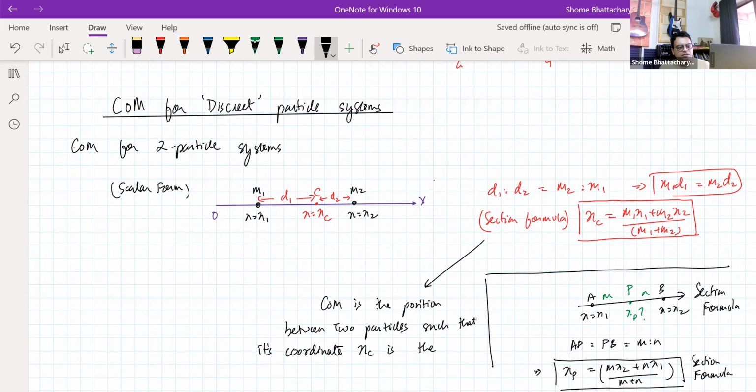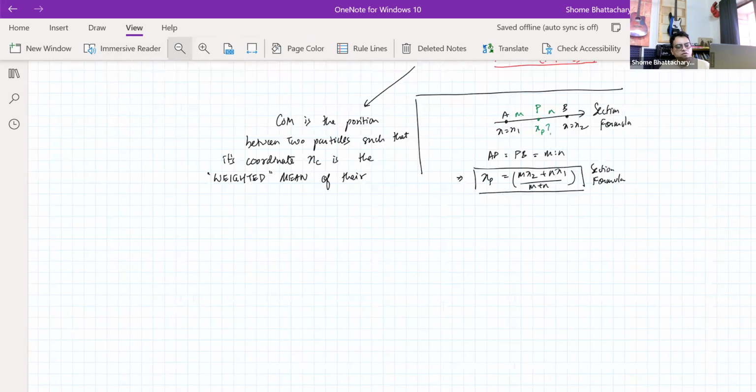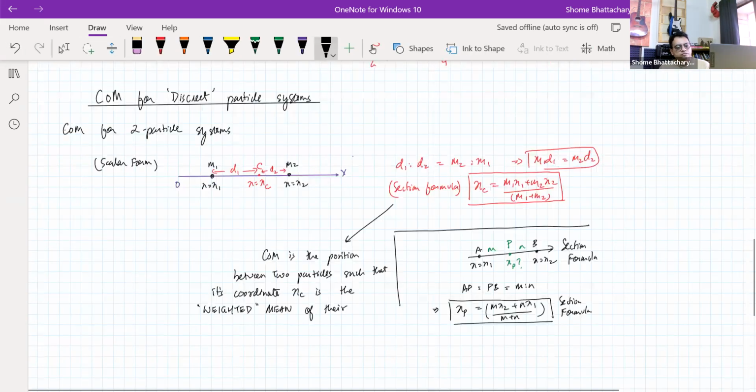So in a two particle system, the center of mass is such a point that its coordinate xc is what we call the weighted mean of their individual positions x1 and x2, where here the weightage is in terms of mass.